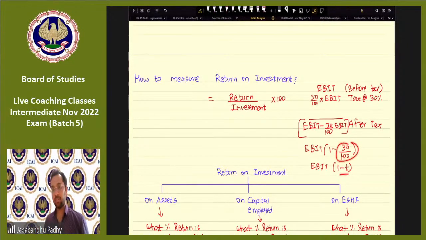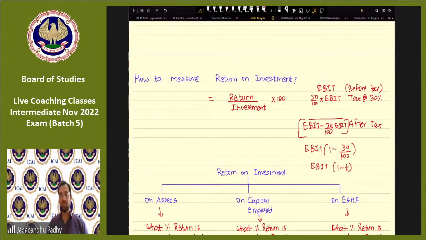So when I want to make this before tax figure an after tax figure, it is EBIT (1 minus T). I hope this is clear now. Is this clear, guys? EBIT (1 minus T).